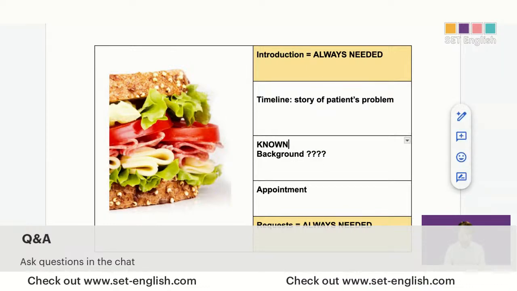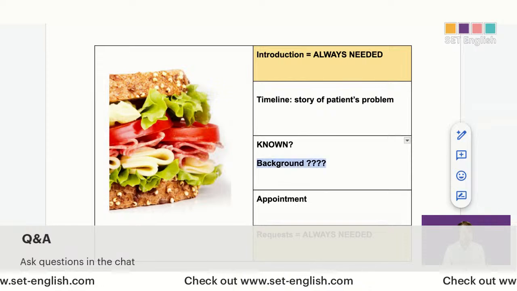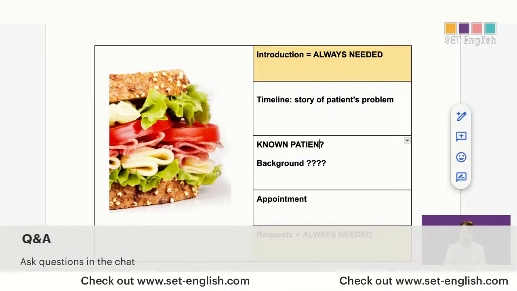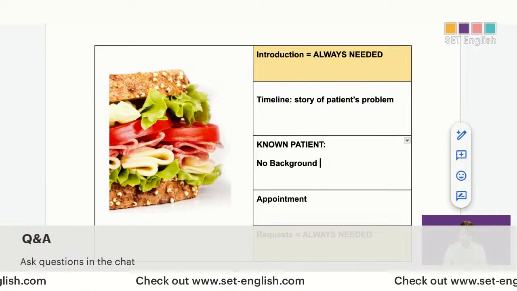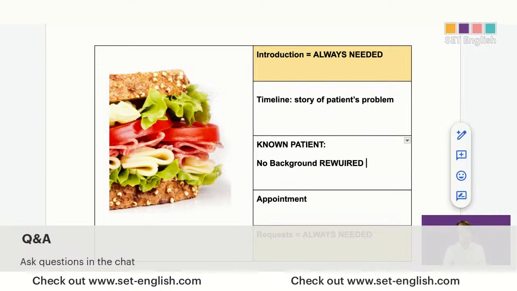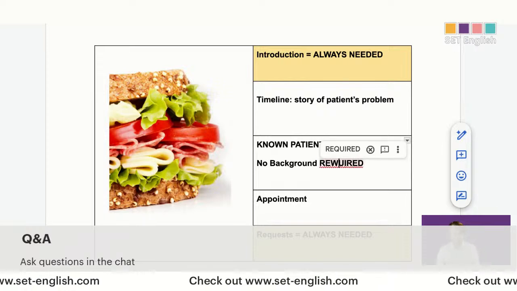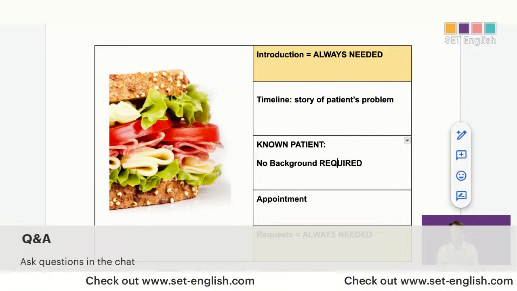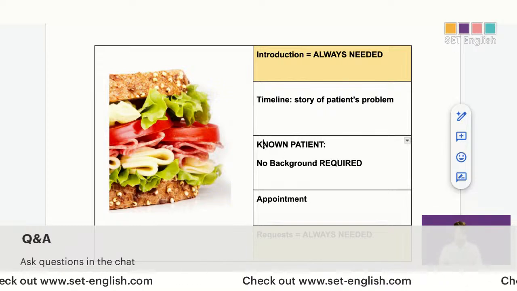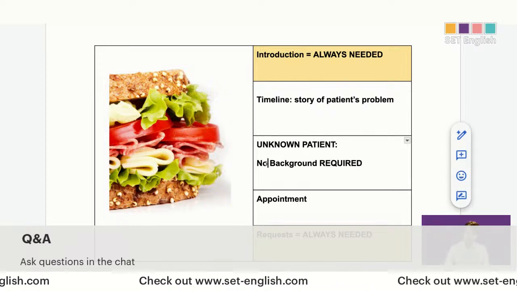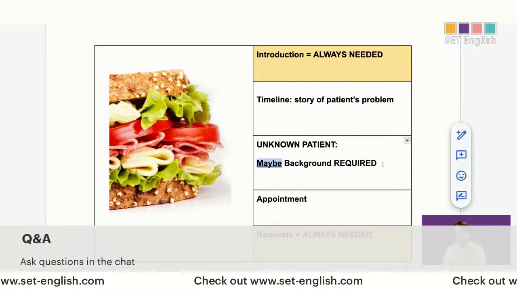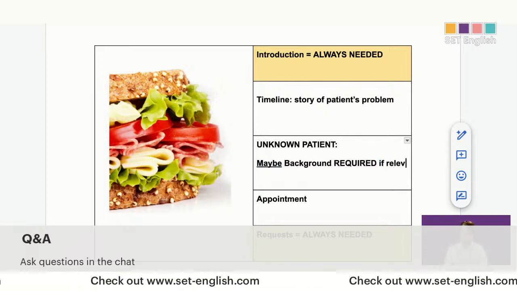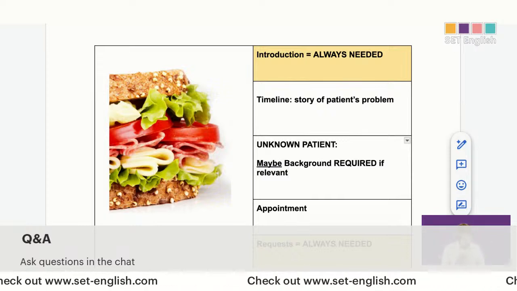Usually no. For a known patient, there would be no background required, because they already know the background. But if it's an unknown patient, maybe background is required if relevant. So that's my point there, Muthu.